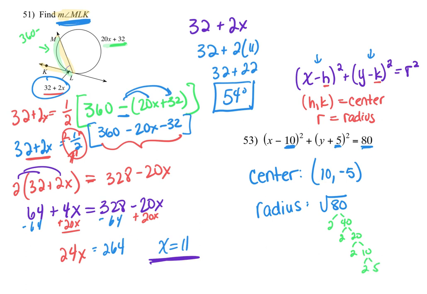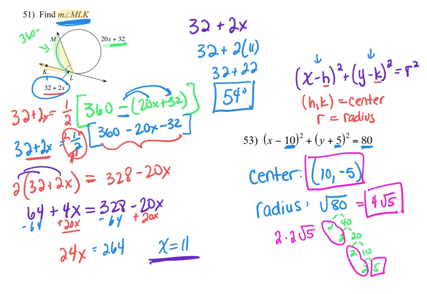All right, remember how we did our factor tree. So remember, if it pairs up, it can come out. I have a 2 that can come out here. I have another 2 that can come out here. I have a 5 that has to stay in. So 2 times 2, my radius is going to be 4 square root of 5. That is my radius. That is my center.